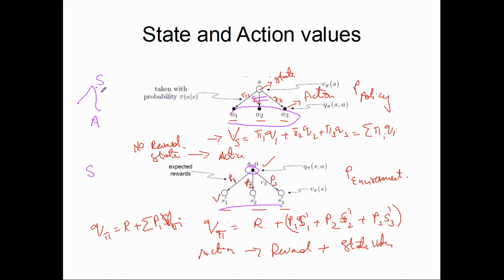From actions to again possible states. And here there is a probability. Here there is a probability. In this case, there is also a reward which you get. So I think with these points, we are now prepared to look at the various methods for finding the optimal policy.